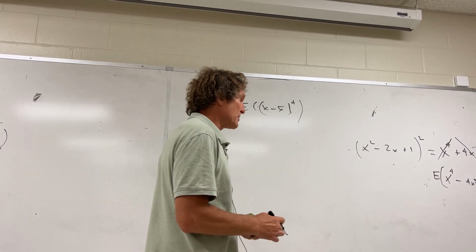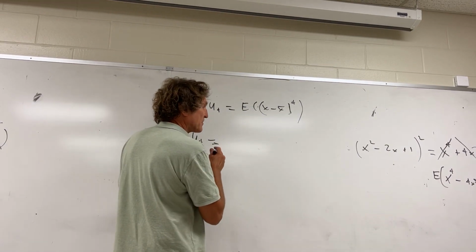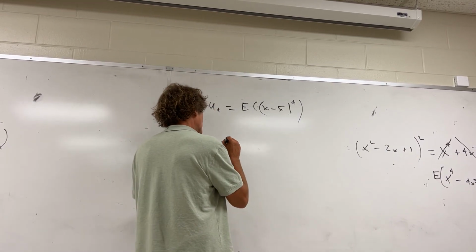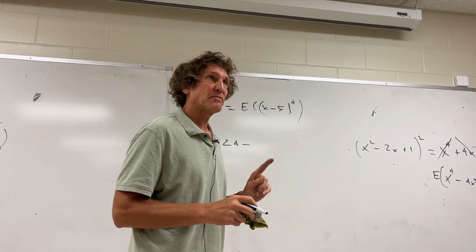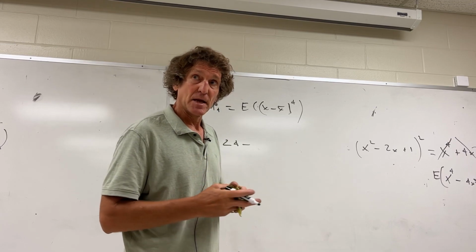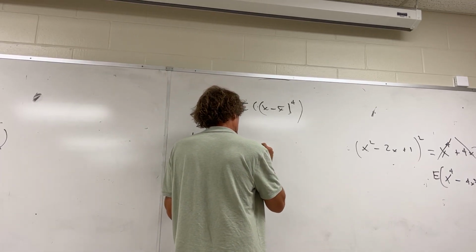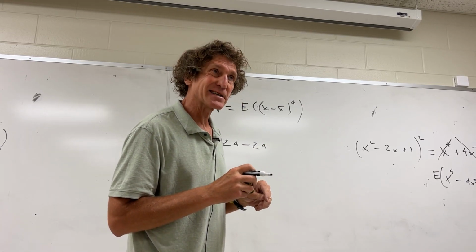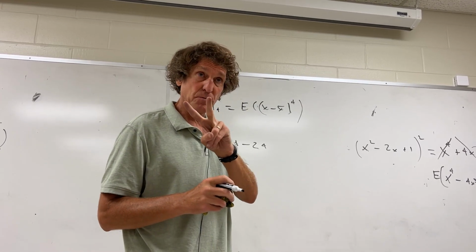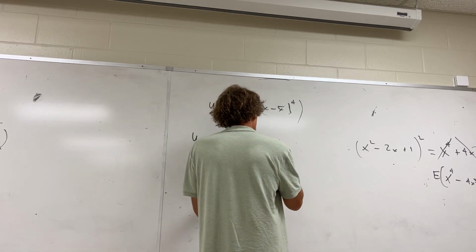So here, what do we get? The expected value of x to the 4th, I think, was 24. I hope that's right. Minus 4 times the expected value of x to the 3rd, which was 6, right? So that's minus 24, which is great. Then I have plus 6 times the expected value of x squared. I think that was 2, so that's 12.